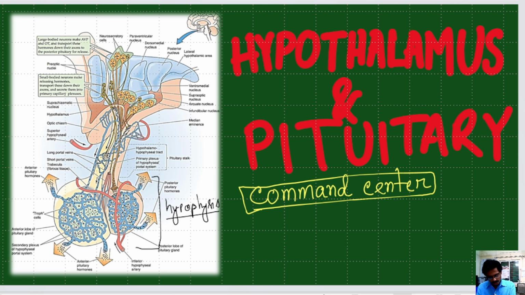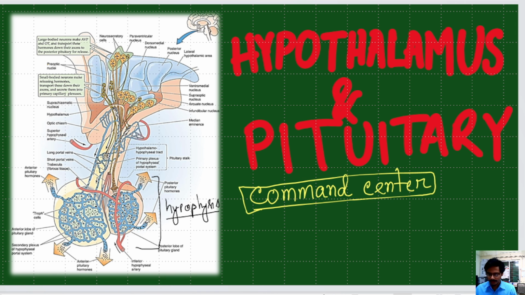This entire complex of the endocrine structure is based in the forebrain region. You can see this is our forebrain region. At the base of that forebrain it is situated. It is composed of two types of components: one is the adenohypophysis, another is the neurohypophysis.